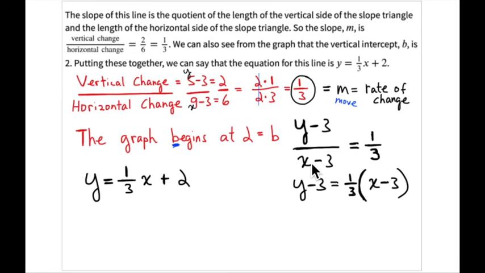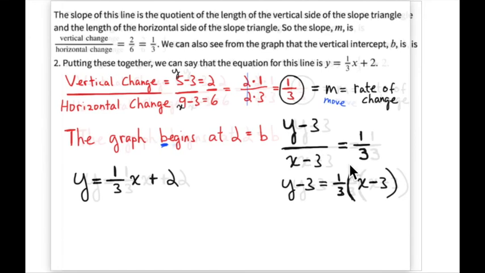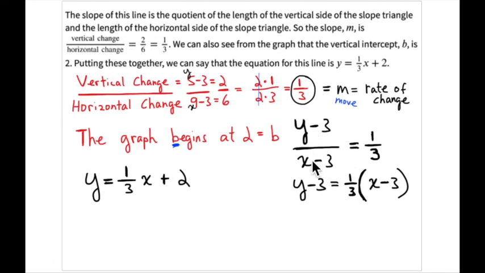So then you can rewrite this as the vertical change is 1/3 the horizontal change. That's what we just said. This vertical change is 1/3 of this horizontal change. That's what this division tells you, is how many times you need this value to reach this value. And you need 1/3 of this value to reach this number of units.